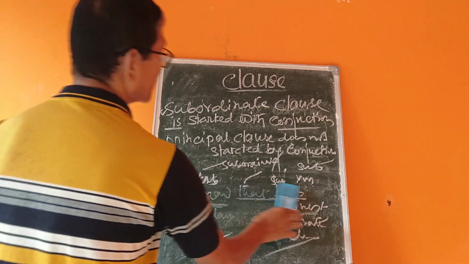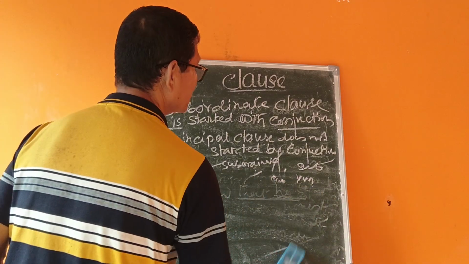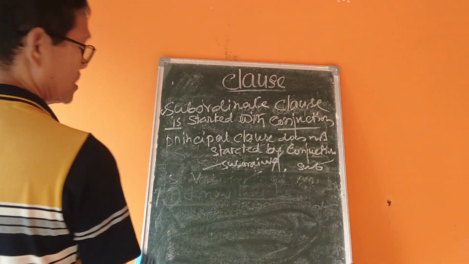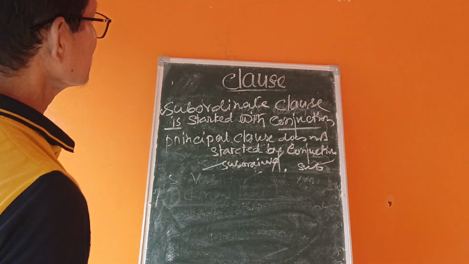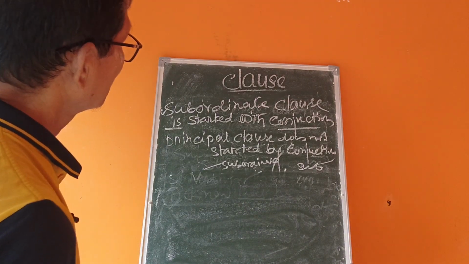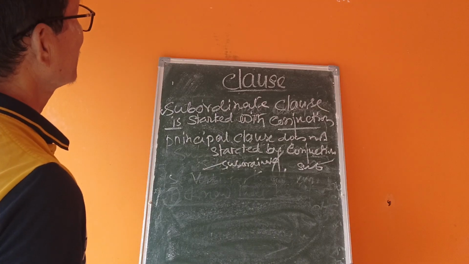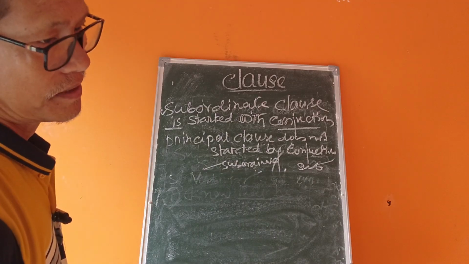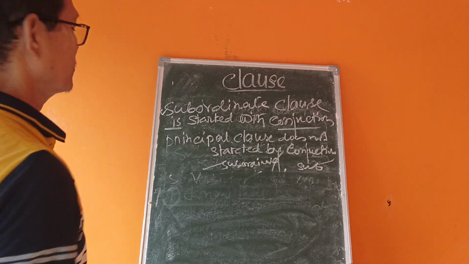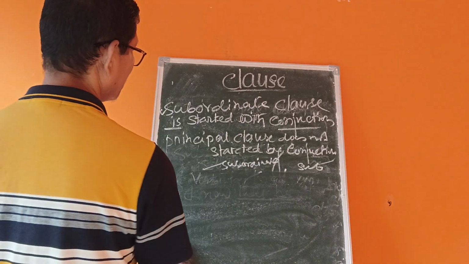Now we discussed how to identify the subordinate clause and principal clause with examples. I hope you know very well.